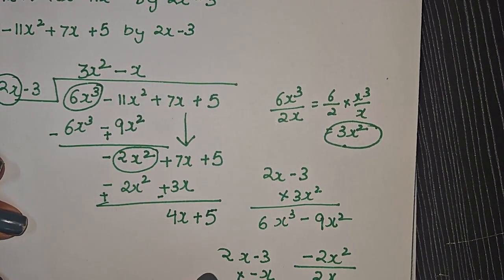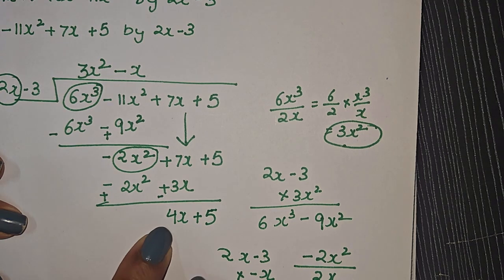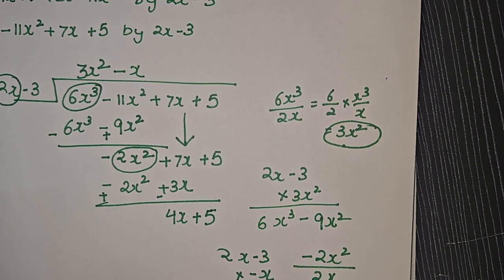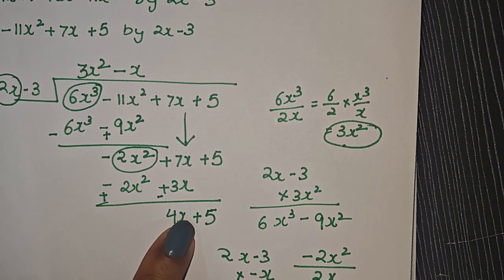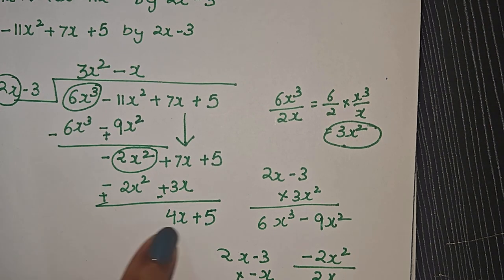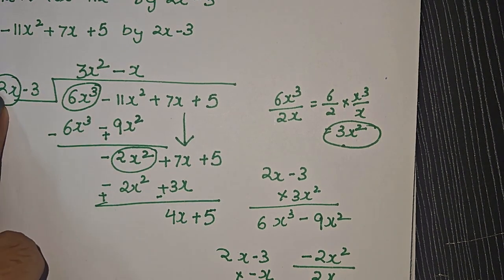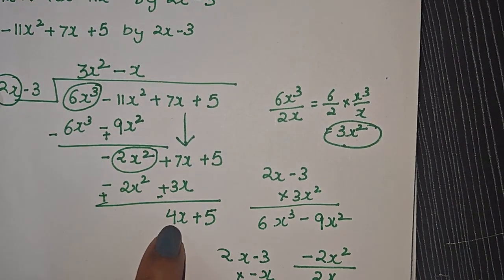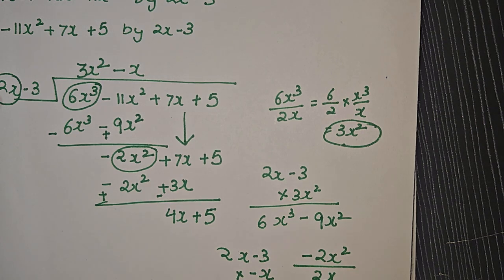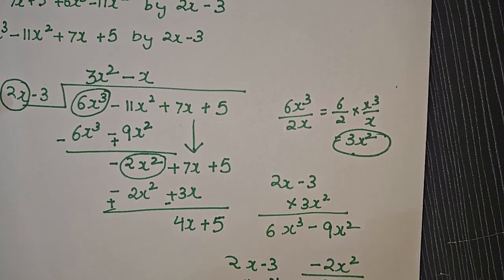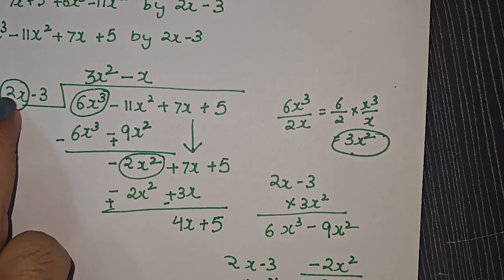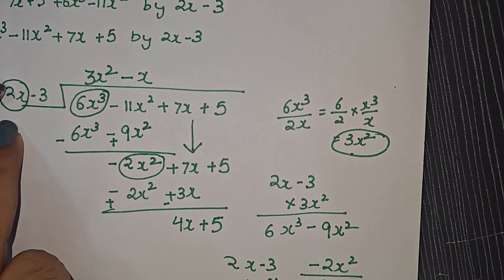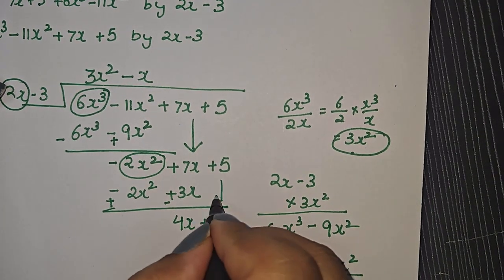Now we will repeat this until we get the remainder as 0 or the remainder's power is less than the power of the divisor. Okay, since this is equal, we can further divide it. Again the same thing, we will pick up the first one from here. So this 5 we have brought down.